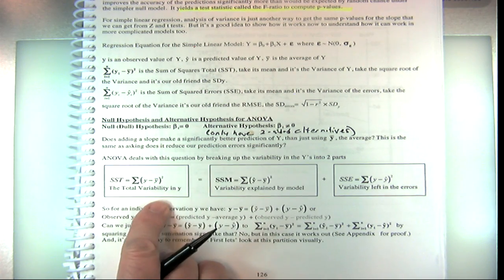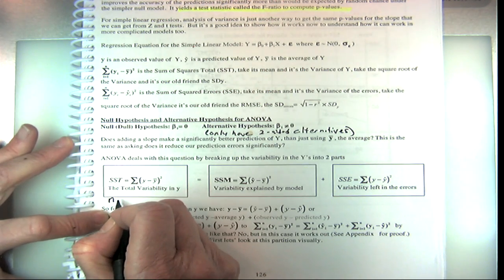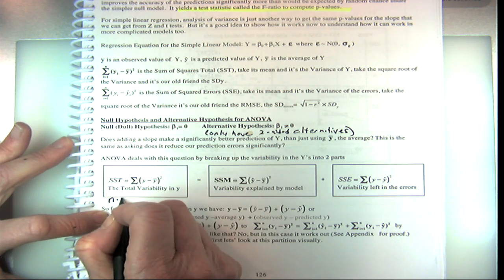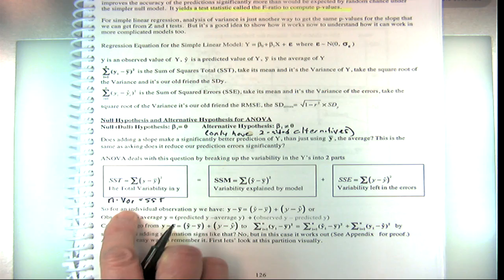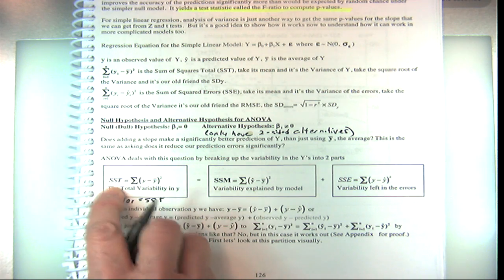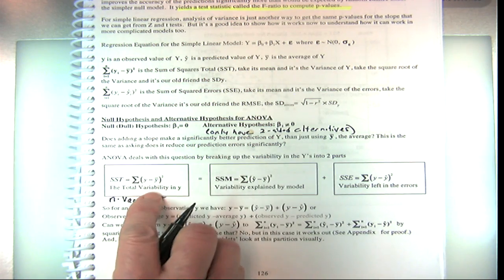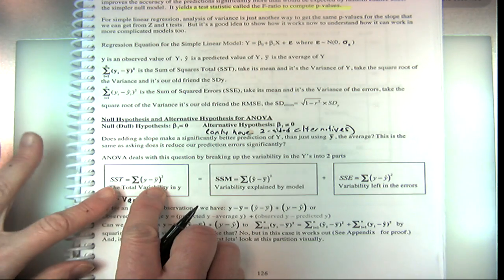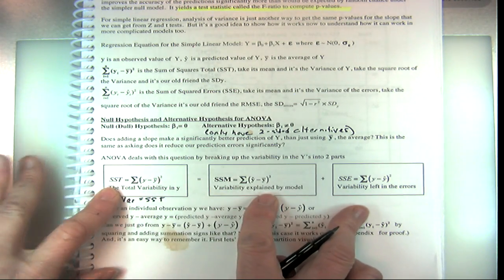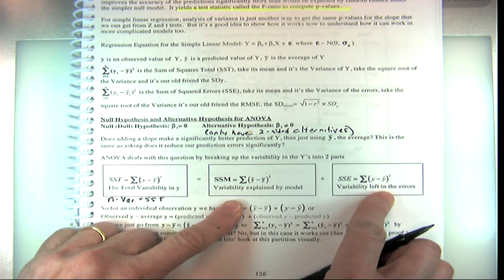So n times the variance is equal to the SST, okay? SST divided by n is the variance. So this is just the variability in the y's, and then we're breaking it into two parts: the variability explained by the model and the variability left in the errors.